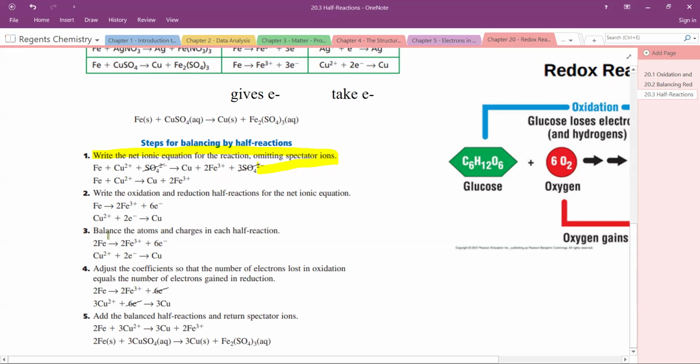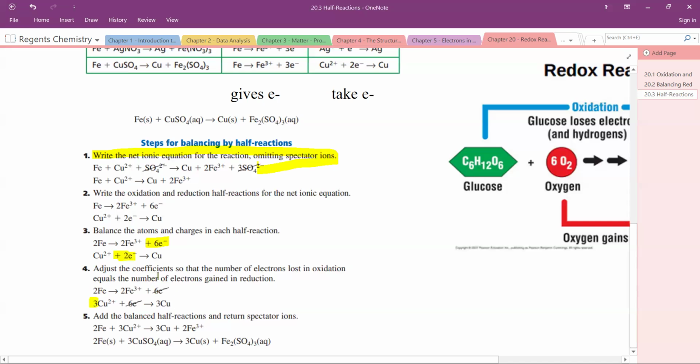Okay, so now you can see that I have released 6 electrons from my oxidation half where my charge is going up, and I have absorbed 2 electrons from my reduction half where my charge is going down. Well, I've got to make sure that these balance. So what I can do is add a 3 in front of my reduction reaction, and that's going to see I have 3 copper ions, each accepting 2 electrons for a total of 6 electrons to form 3 coppers.